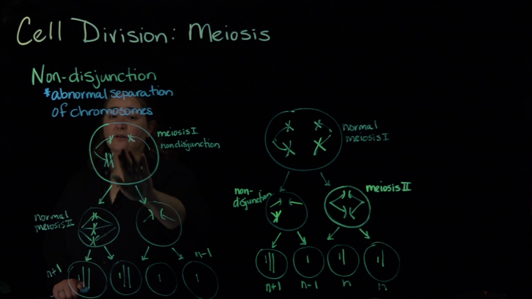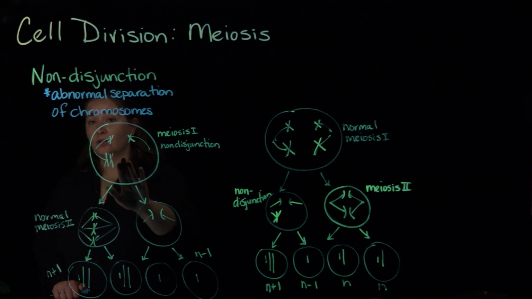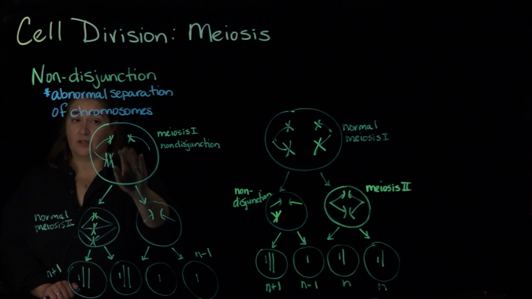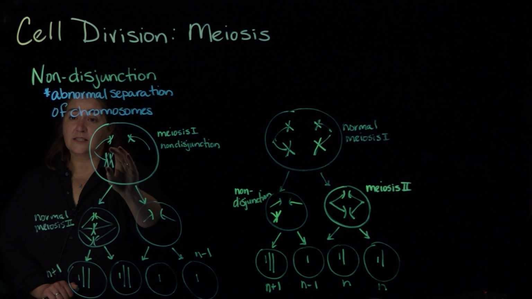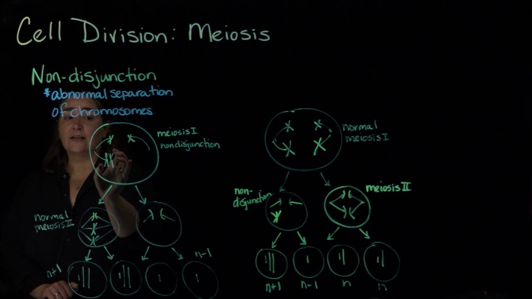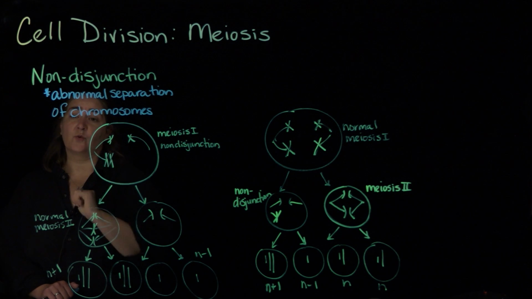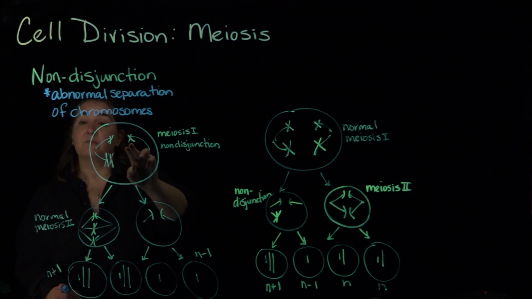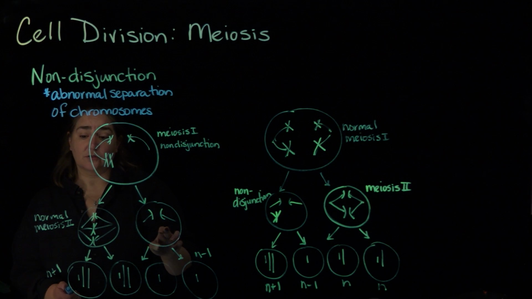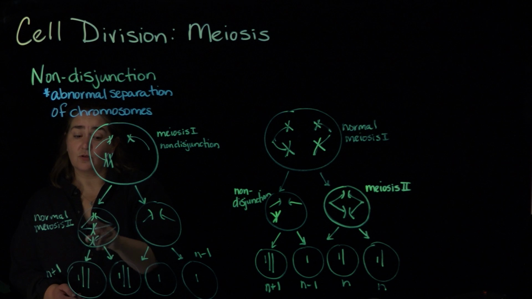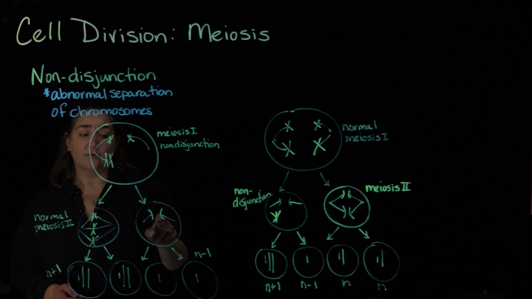If non-disjunction occurs during meiosis 1, we have a set of homologous pairs that fail to separate. So we segregate the entire complex of homologous pairs to one cell, and one cell ends up missing a set of chromosomes. Meiosis 2 then occurs normally, and we segregate each one of the sister chromatids into those cells.